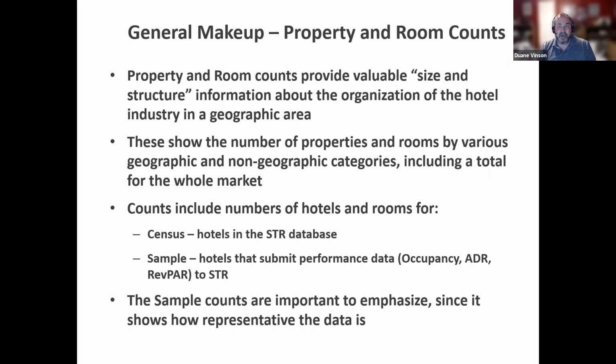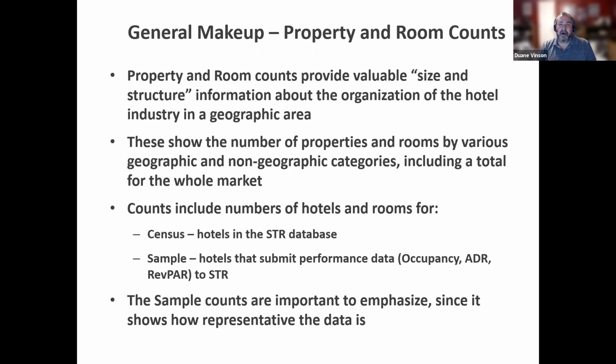That's something STR has always been very good at. We're very transparent about our sample. We'll tell you what the numbers are, and it's up to the users of the data to then say, okay, I do feel that data is robust enough that it really is representative of performance in that area. What you could always request then, if you see a small sample, is a participation list.